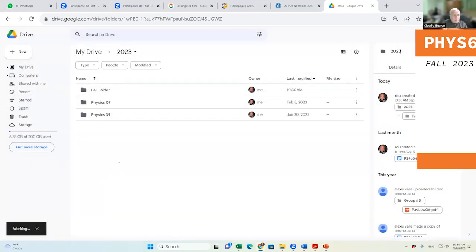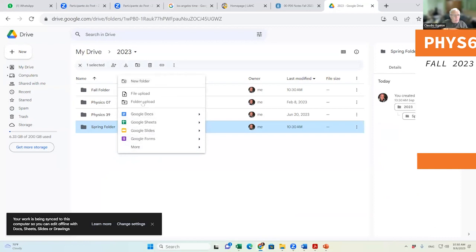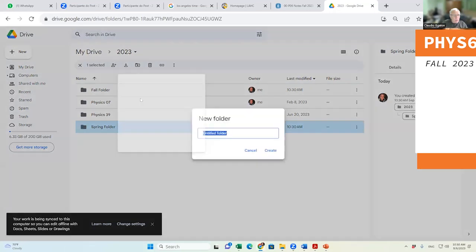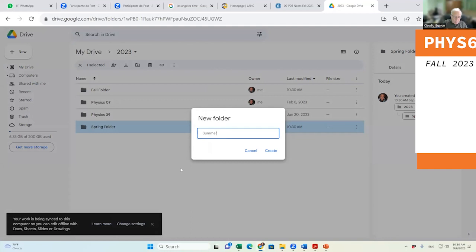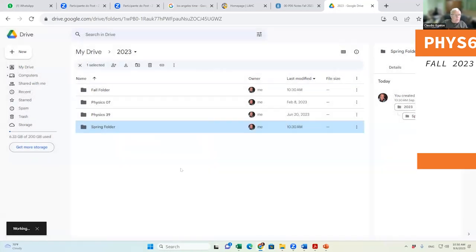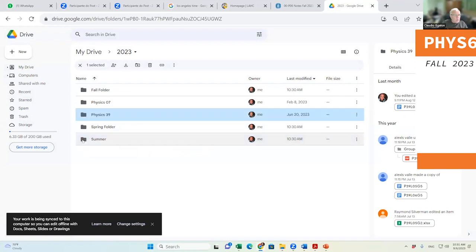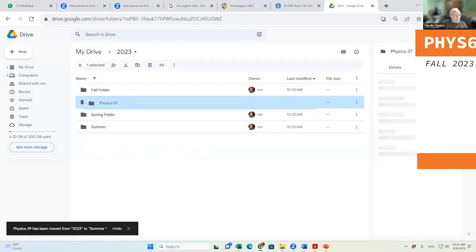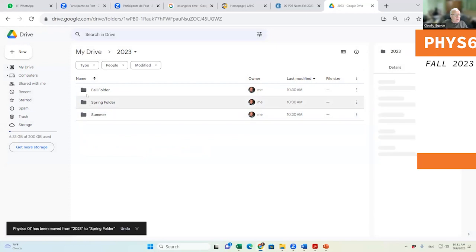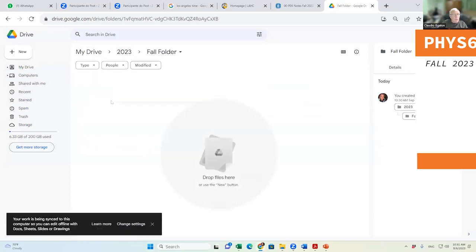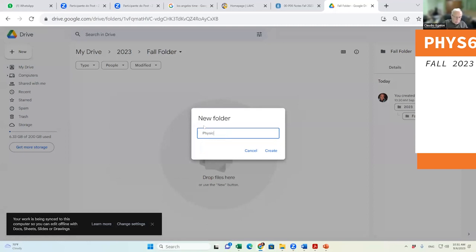And the other one is the summer folder. So this one goes here inside. This other one goes right in here. And what we're gonna have here is the physics 6 folder.